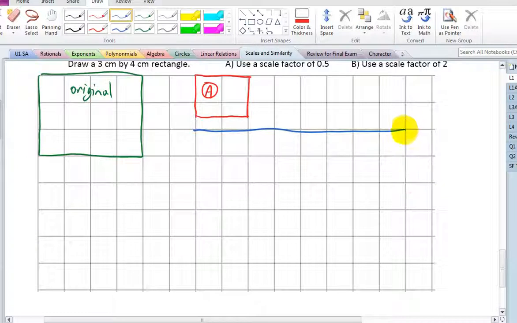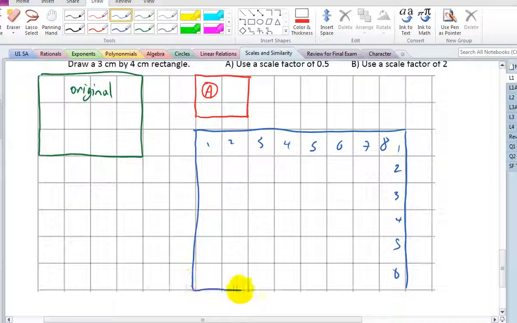Okay. So I got 8 squares across. Right. 1, 2, 3, 4, 5, 6, 7, 8. And then 6 going down. 1, 2, 3, 4, 5, 6. That's why you want to use pencil. And so this would be the answer for B. Notice how I maximized my space. I used it wisely. I didn't start drawing in the middle of the grid.